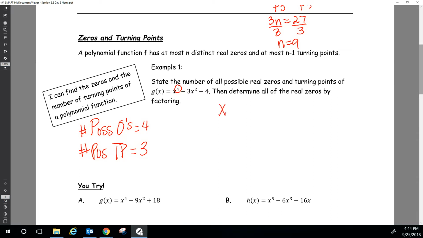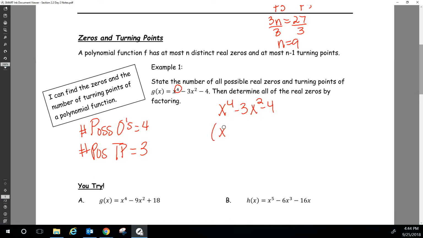So we're going to take x to the 4 minus 3x squared minus 4, and we want to factor this. When I notice that it's not like 4, 3, 2, but it goes 4, 2, 0, that's my indication that I could take this quartic function and put it into quadratic form, make it look like something that I know how to factor. I don't really know how to factor this as is.